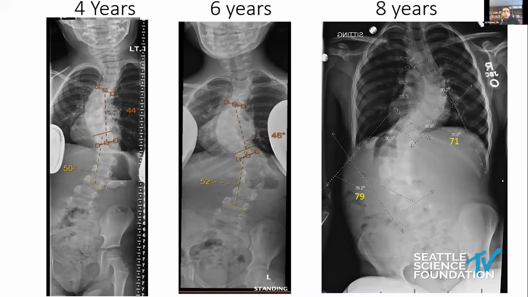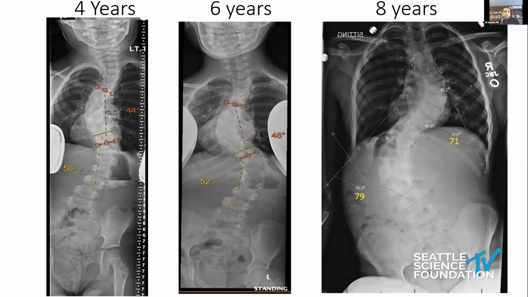So initially, the patient presented. I mean, this is the earliest I could get, but probably he was diagnosed earlier than this. But you could see that it started with a 44-degree curve, 50-degree curve. I think at that point he was recommended some form of bracing, but they just were not compliant, and the follow-up was not the best.